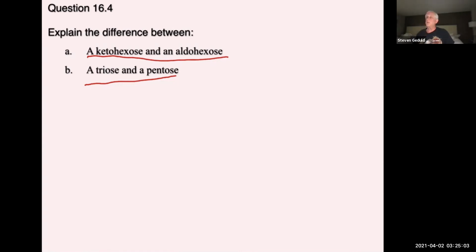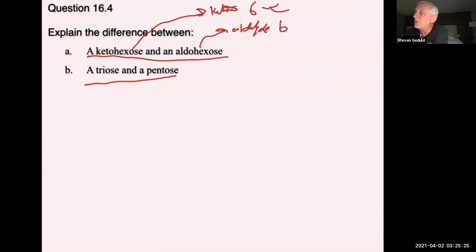Explain the difference between a ketohexose and an aldohexose. Ketohexose, what does that mean? It tells you 2 things. It tells you there's a ketone at the top, and it tells you it is 6 carbons. An aldohexose tells you it's an aldehyde group at the top, and there's 6 carbons.